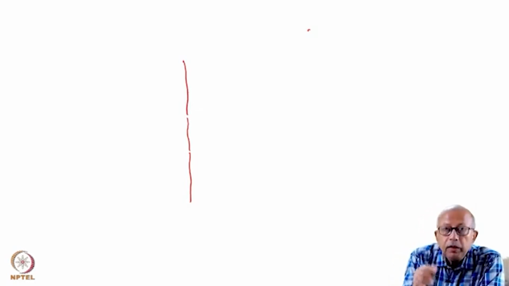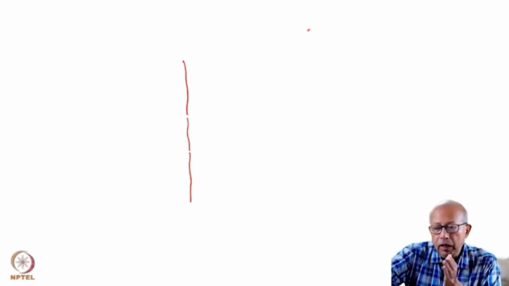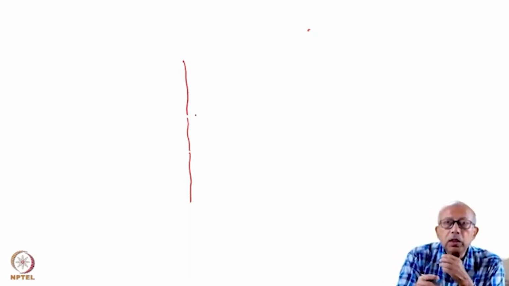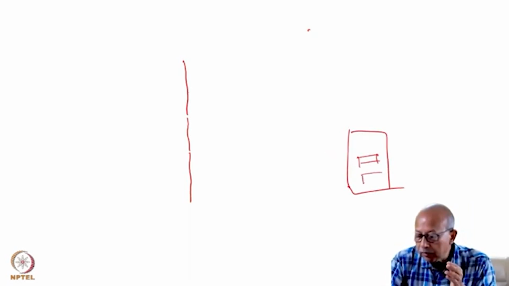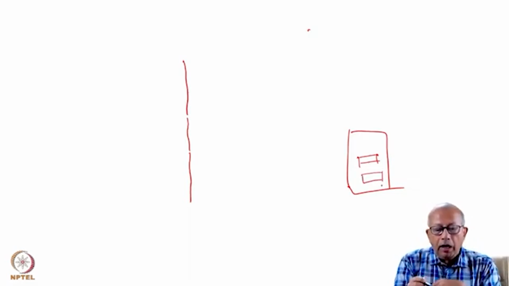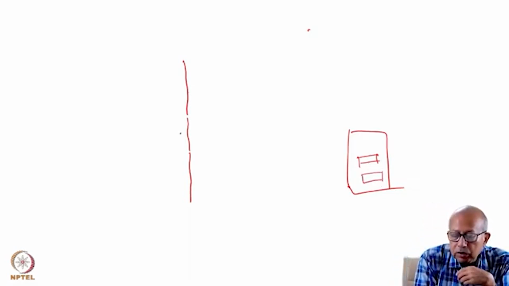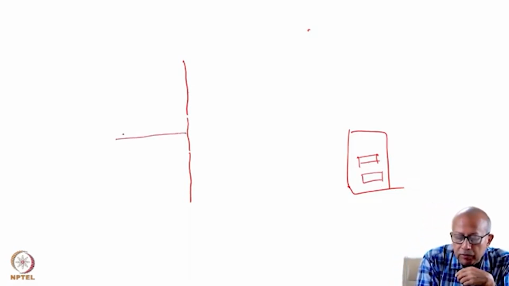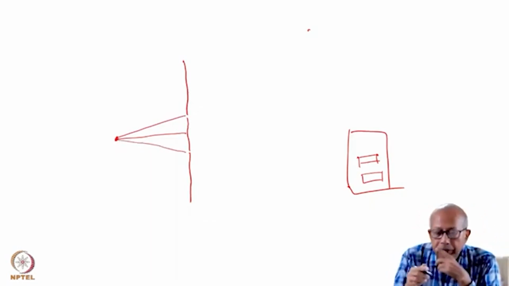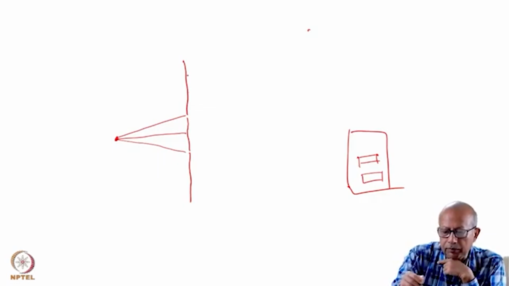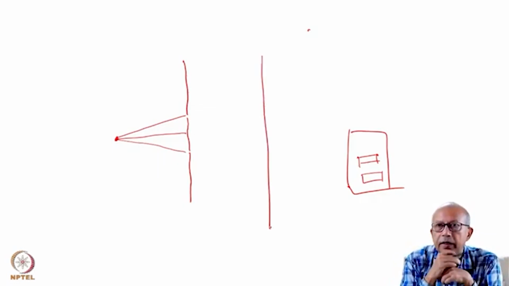I'm showing you in two dimensions, so actually these two slits would look like this. And he placed a source symmetrically in front of this. This was a point source, equidistant from the two slits. And behind this opaque barrier, he placed a viewing screen.